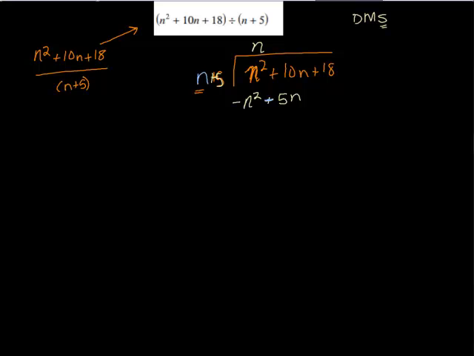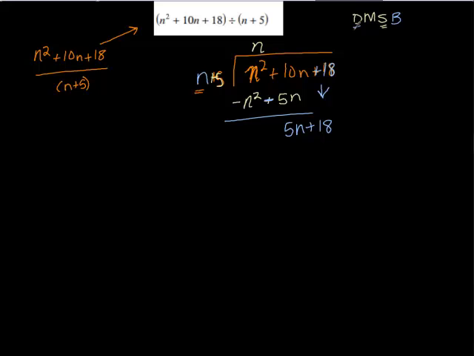This is positive, so it becomes negative. Now we do our subtraction. n squared minus n squared is nothing, but 10n minus 5n is 5n. Now we're at bring down. We're going to bring down this 18, a positive 18.